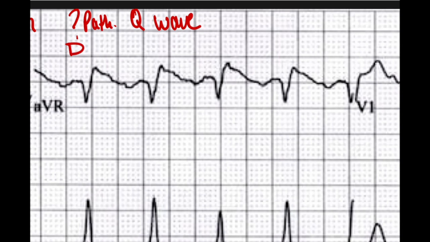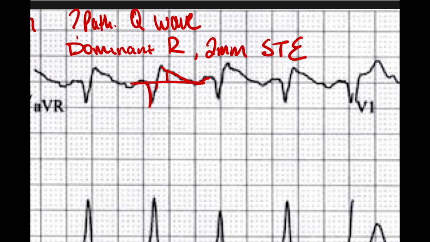We have a dominant R wave, which we said in AVR was atypical, and that dominant R wave kind of slurs down into the T wave. And there looks to be about 2 millimeters of ST elevation. So we have both a dominant R wave, some apparent ST elevation, and a little bit of a pathologic Q wave. So definitely some stuff going on in AVR.